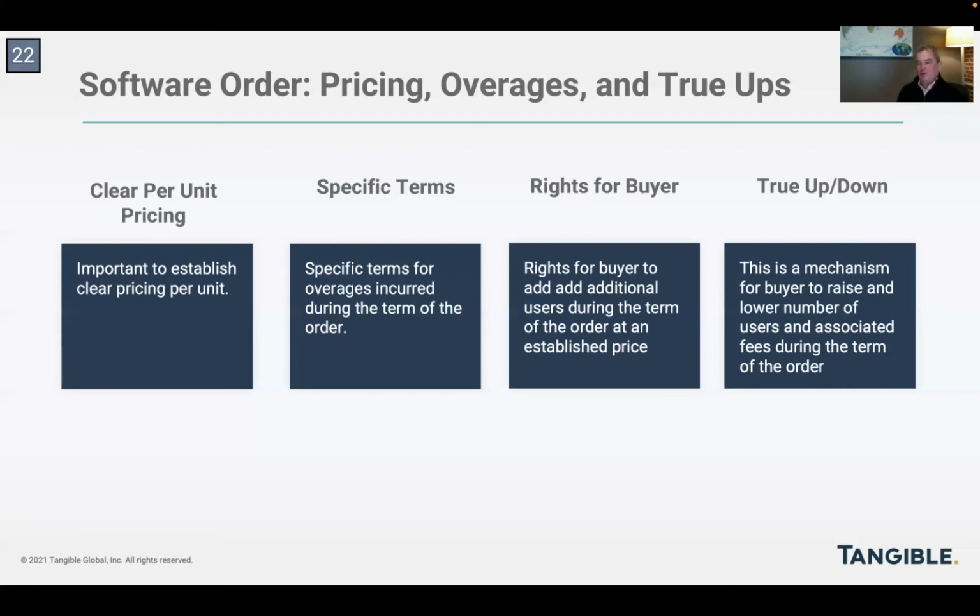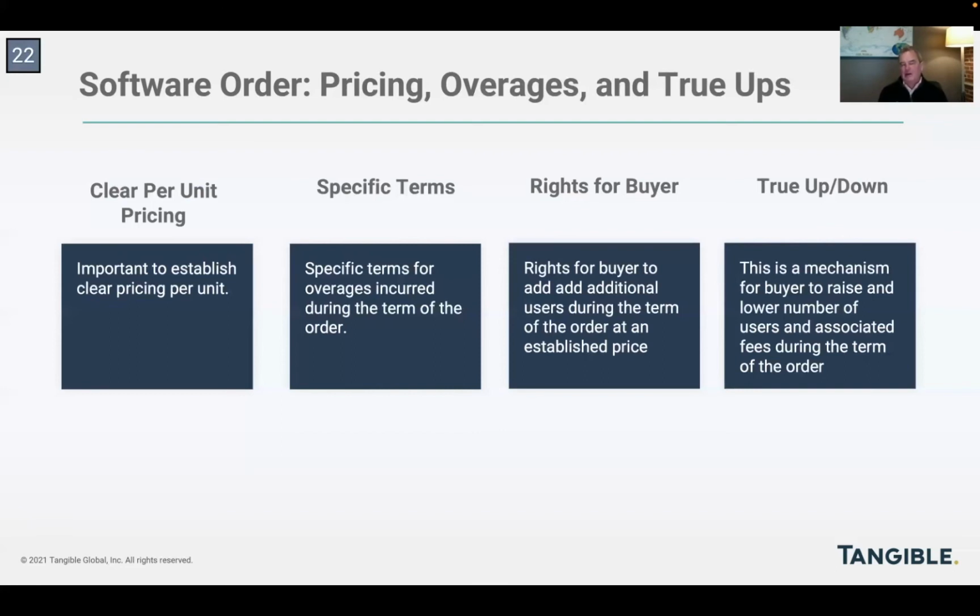There may be a per unit price above a particular usage tier, any number of different ways of doing it. But it's important to have some kind of concept in the order, at least in most cases, that allows the client and the vendor to understand with crispness what the buyer is going to pay in the case of excess usage, however that is going to be structured.